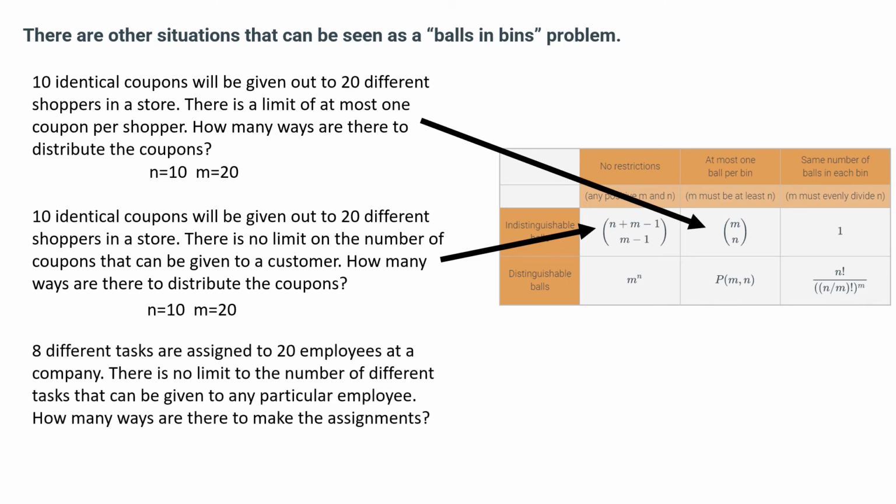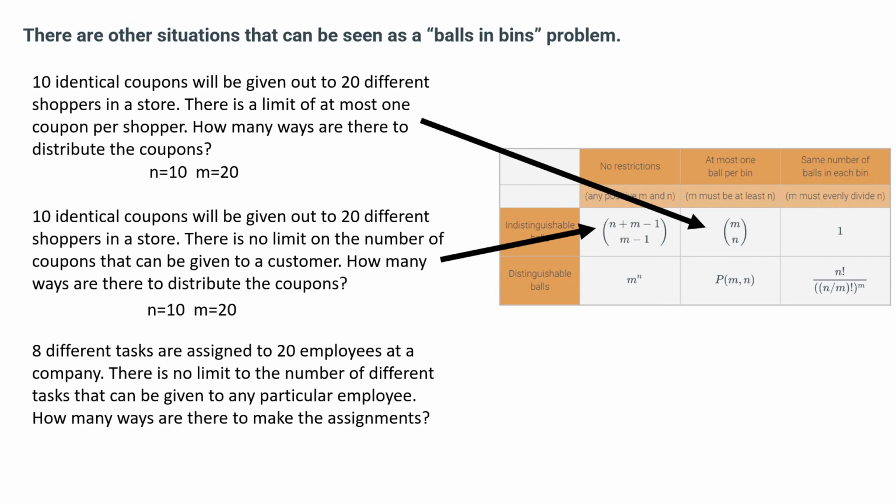Here's another example. 8 different tasks are assigned to 20 employees at a company. There's no limit to the number of different tasks that can be given to any particular employee. How many ways are there to make the assignments? And again, if I gave you one like this, I would say, by the way, this is a balls and bins problem.